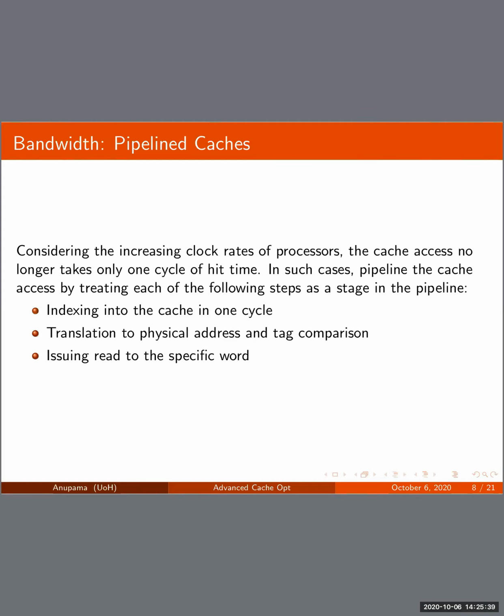But after the first instruction is issued to the cache, the second instruction is not going to take 3 cycles because, as the first instruction moves from translation of address to indexing and tag matching, the second issue from the processor will be doing the translation of the address. So you are increasing the throughput of the cache instruction or data fetch. We are not reducing latency, but we are increasing the throughput.